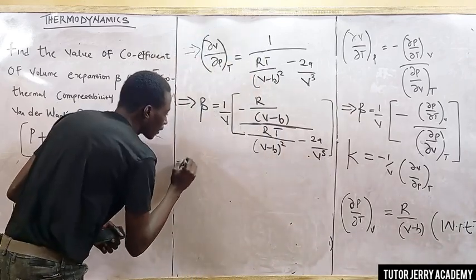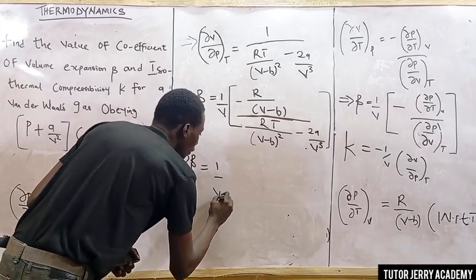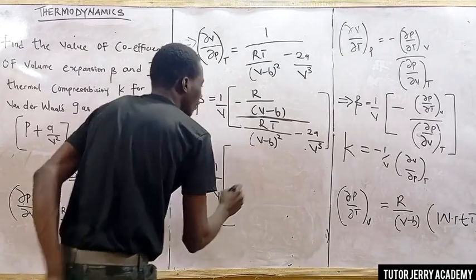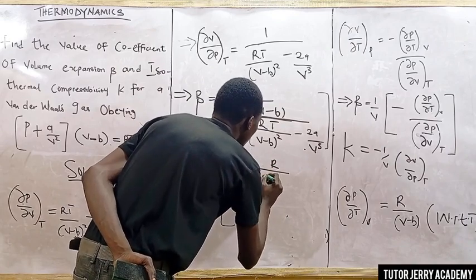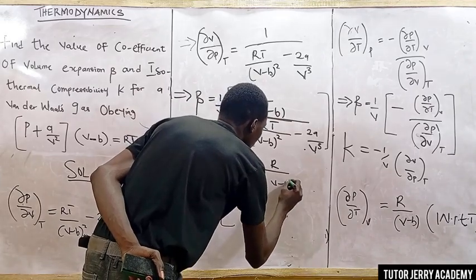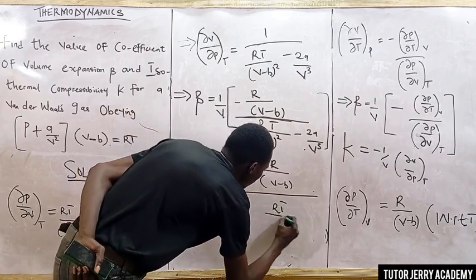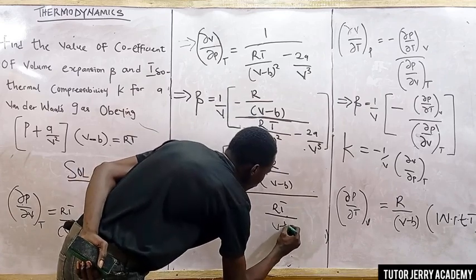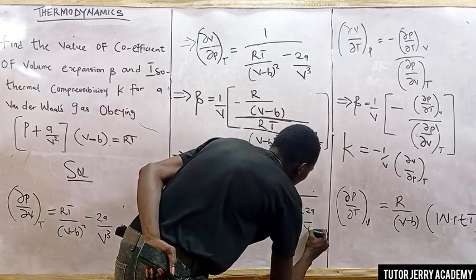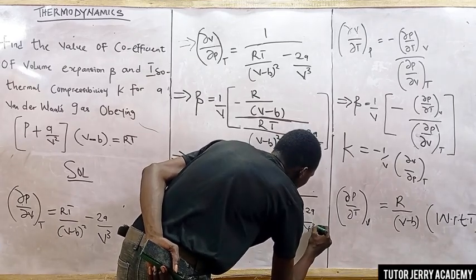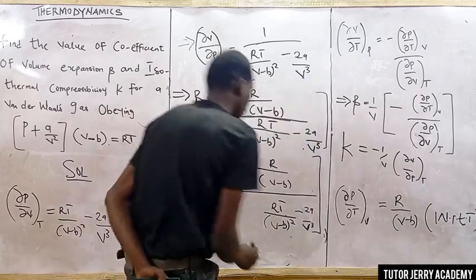So it implies that beta will be equal to 1 over V times R over (V minus b), over RT over (V minus b) all squared minus 2a over V cubed. So this is what we have.